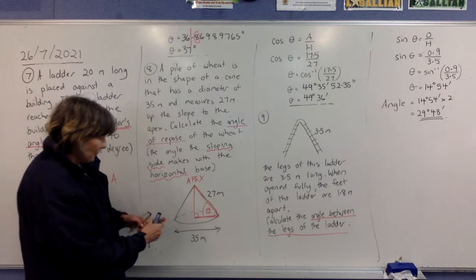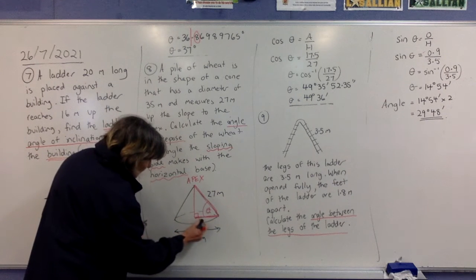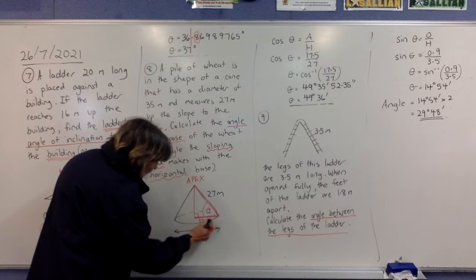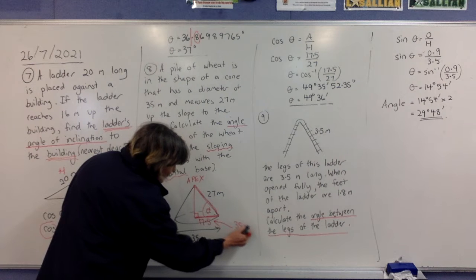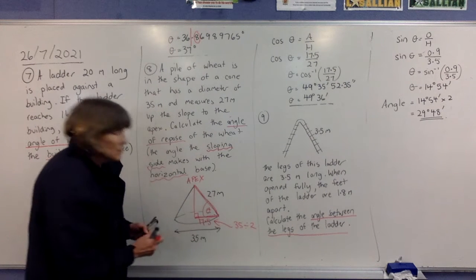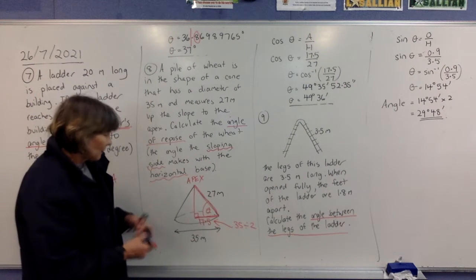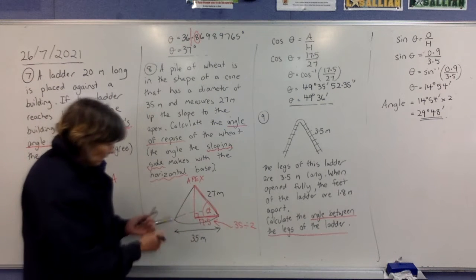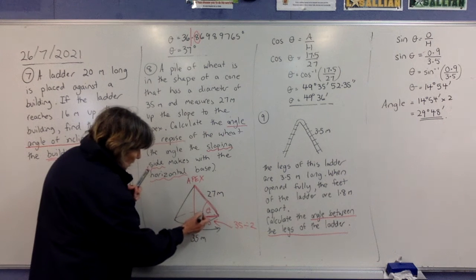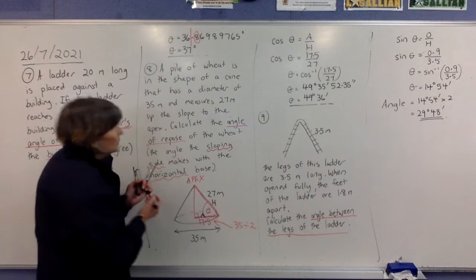So 35 divided by 2 will give us 17.5. All right, so that is 35 divided by 2. Because it's very symmetrical, this shape, and everything is splitting in half. Okay, so that's 17.5. If we label our sides, this is our adjacent side, and this is our hypotenuse.